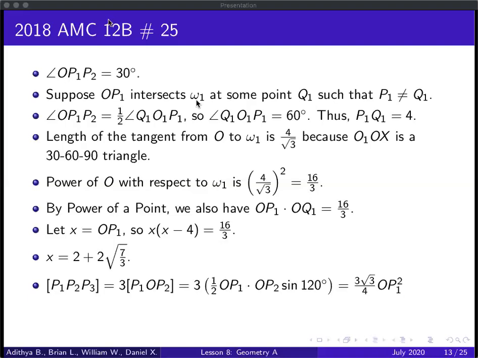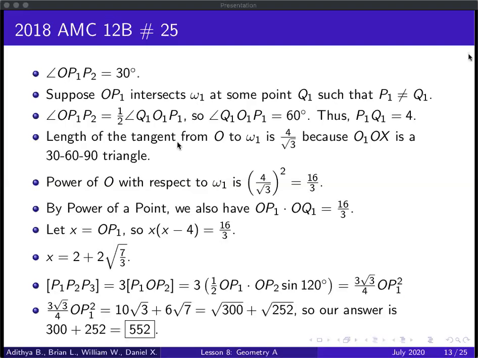So our final answer is just 3 root 3 over 4 times OP1 squared. We can evaluate that to be 10 root 3 plus 6 root 7. To get it into our right answer format, that's root 300 plus root 252, and our final answer is 552. Does anyone have any questions for this one?